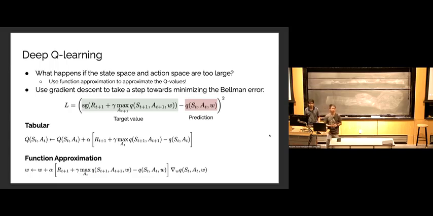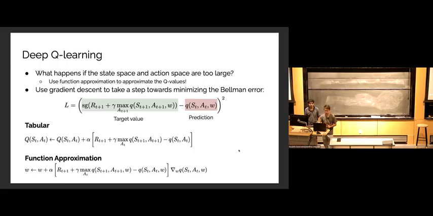Also, some state-action pairs may be visited much less often than others, so we can use a function approximation to approximate the Q values. Basically, the function approximator is a neural network. Then we can use gradient descent to minimize the Bellman error.